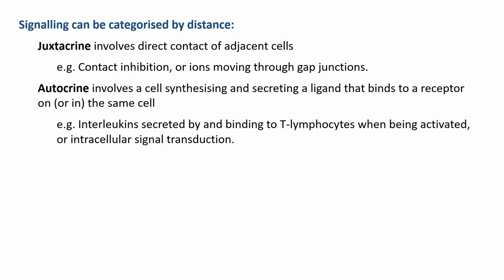Interleukins secreted by and binding to T lymphocytes when they're activated. And this helps to stimulate the T lymphocytes and also make them differentiate. Or intracellular signal transduction. So cells are producing chemicals that are then binding to intracellular receptors.